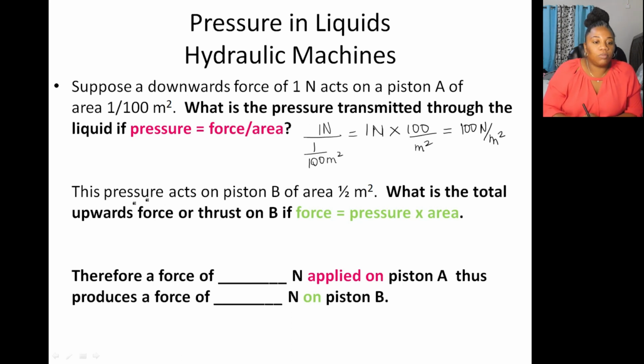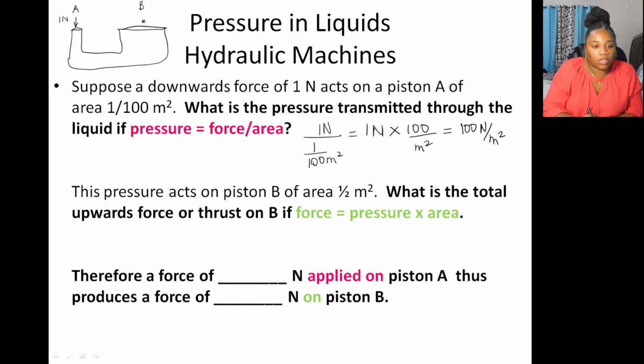So this pressure acts on piston B of area. Basically we have this small little area right here, and this is piston A, and we have 1 Newton acting down, and then it's filled with some kind of water onto a larger area. This is B right here.